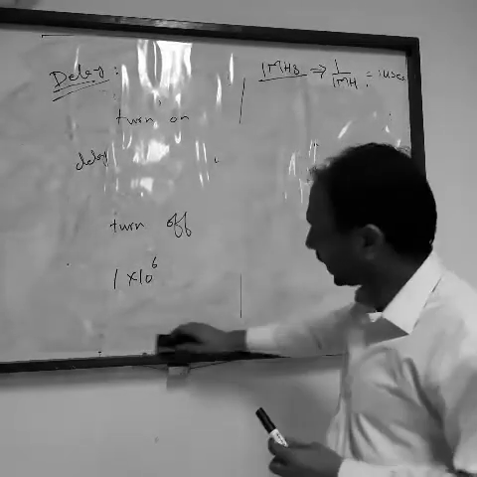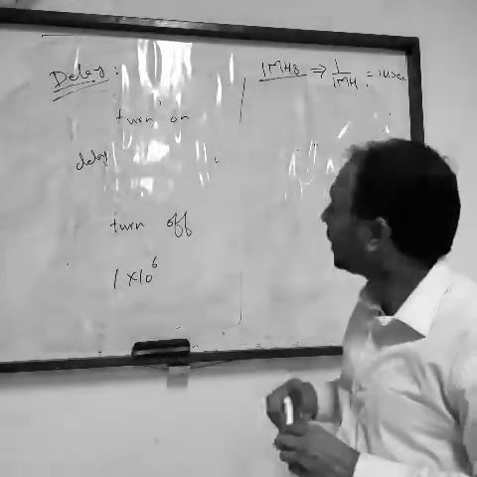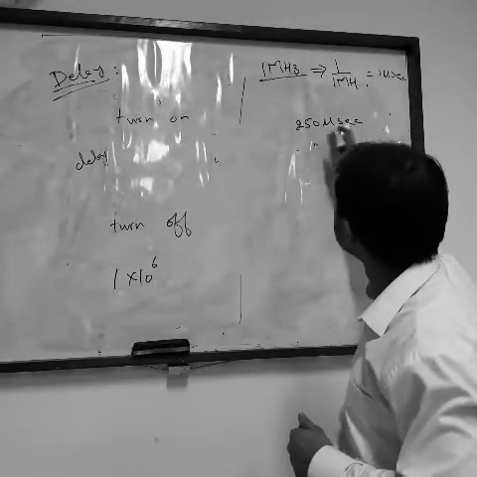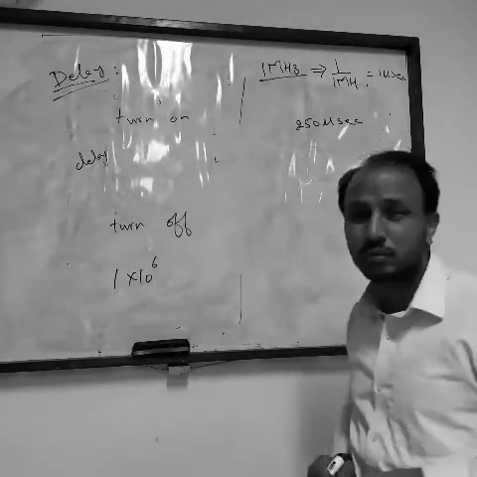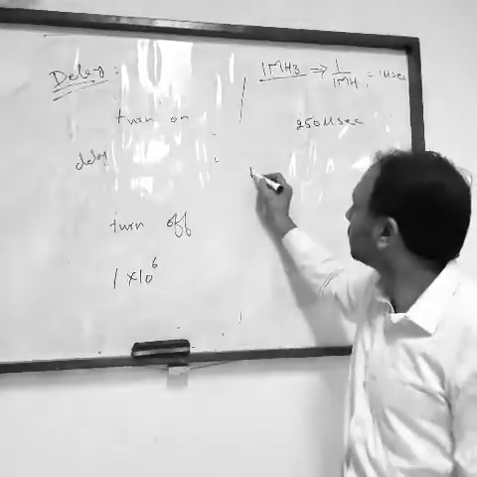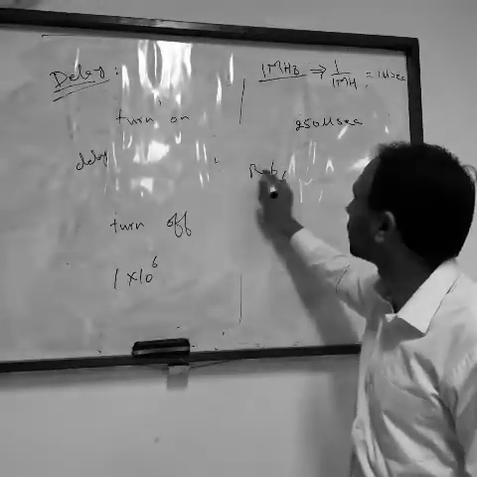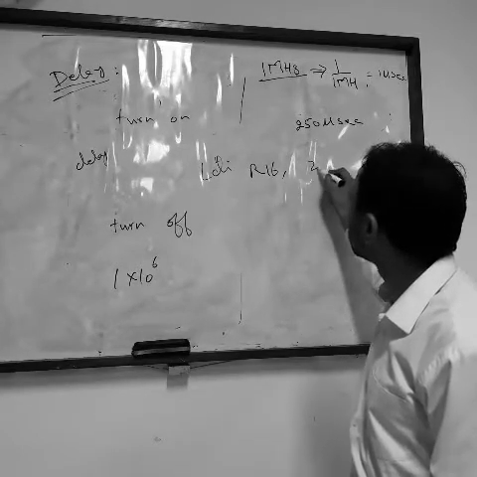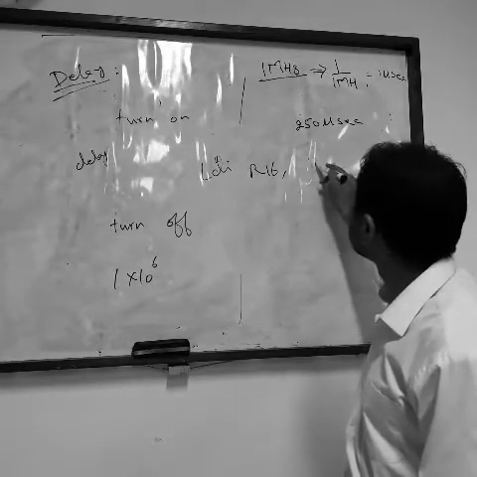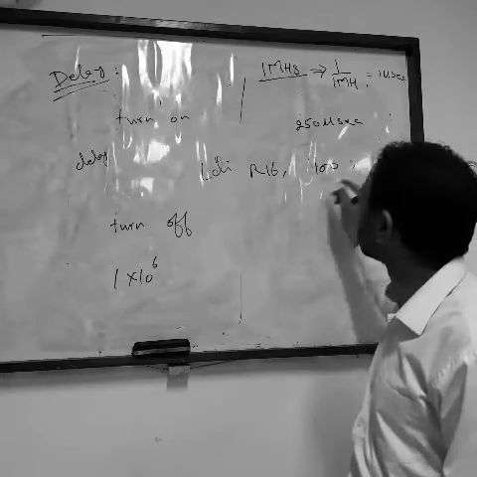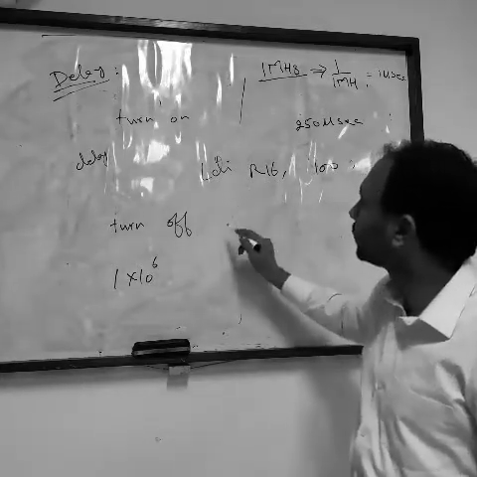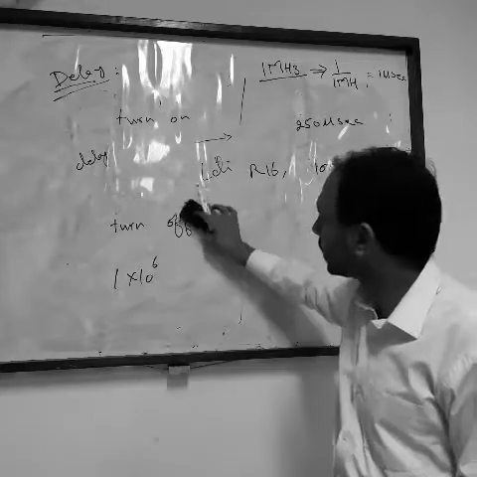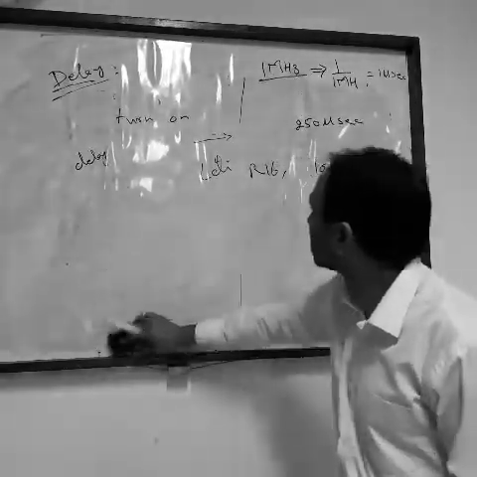First, let's make the example easy: we want to make a delay of 250 microseconds. So what I will do is LDI R16, 200. Here I had the run instruction, now I want to give a delay before turn off.